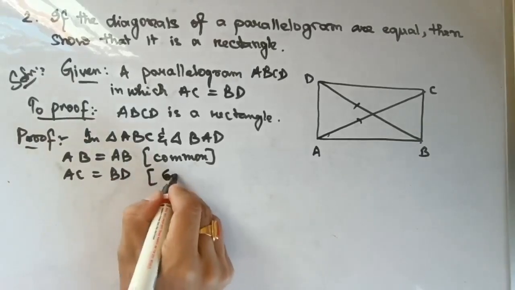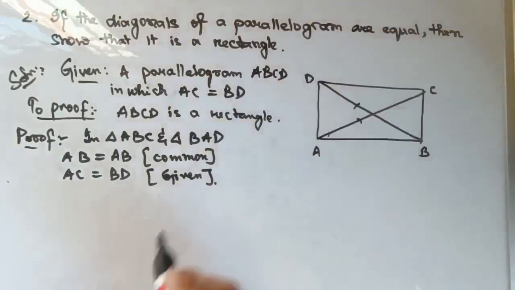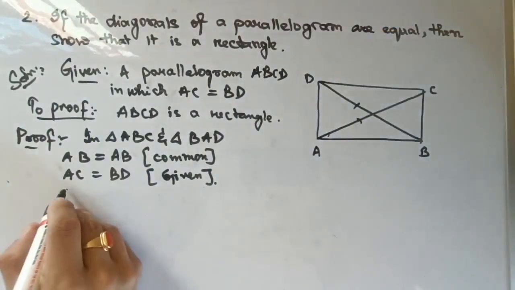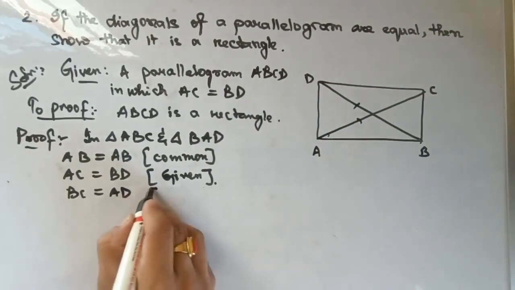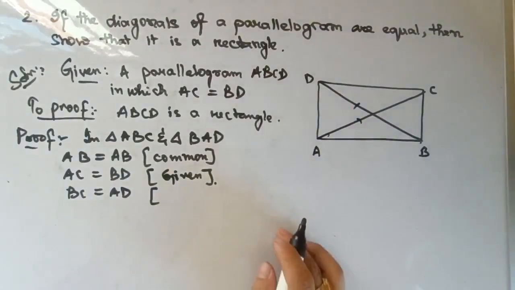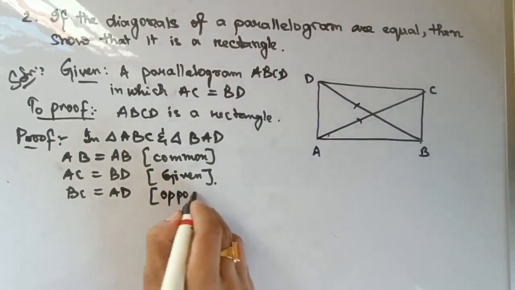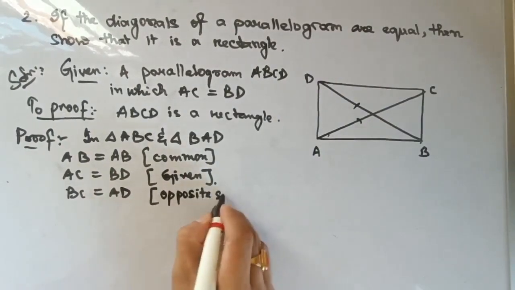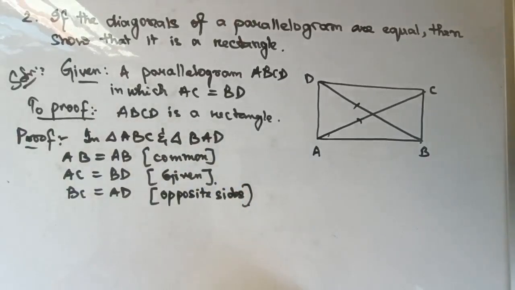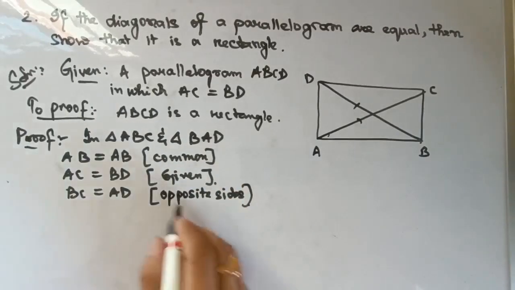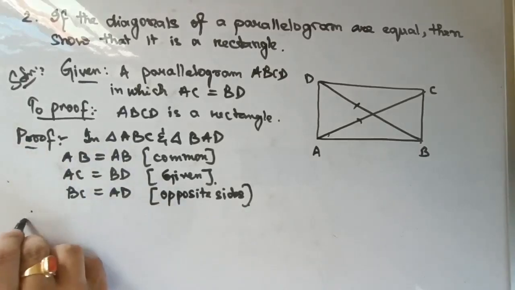That is, these are the diagonals of the parallelogram which are of equivalent length. And then side BC equal to AD. Why? Because these are the opposite sides of the given parallelogram, so they are of equivalent length. So by SSS congruence theorem, these two triangles are congruent.